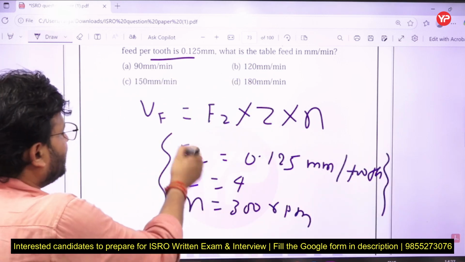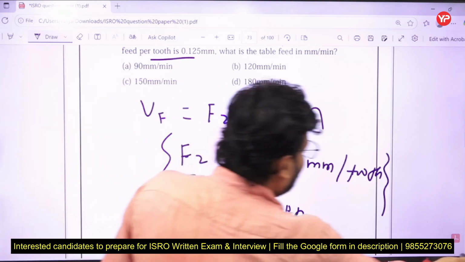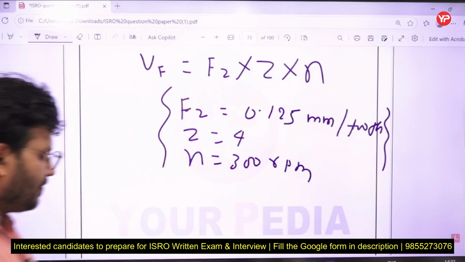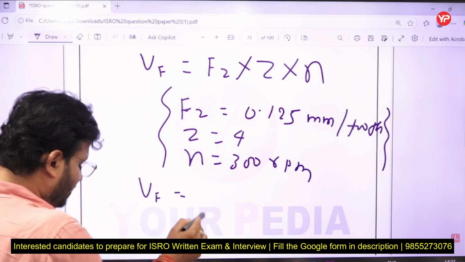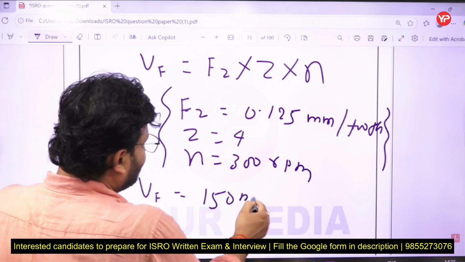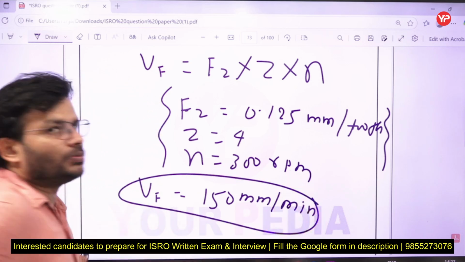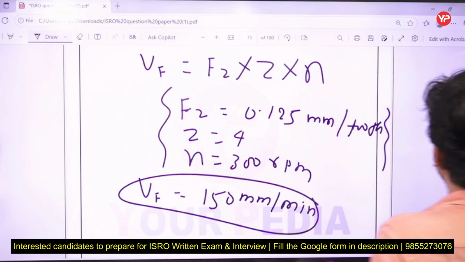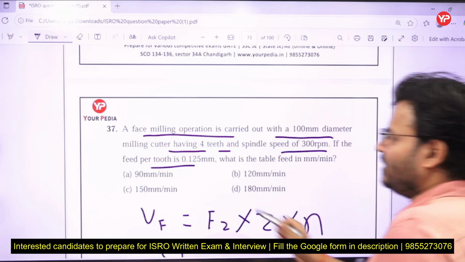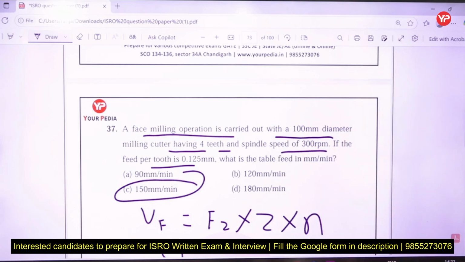So by putting these values in and solving, we will get the value. That formula you have to keep in mind. I think by putting all the values and solving, it is coming out to be 150 mm per minute. So what option could it be, my dear friends? Chennai is the right answer. C for Chennai is the right answer.